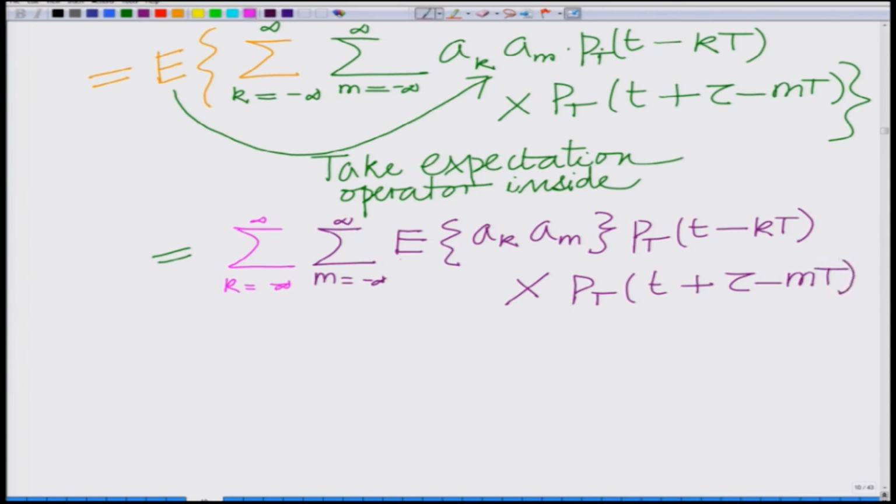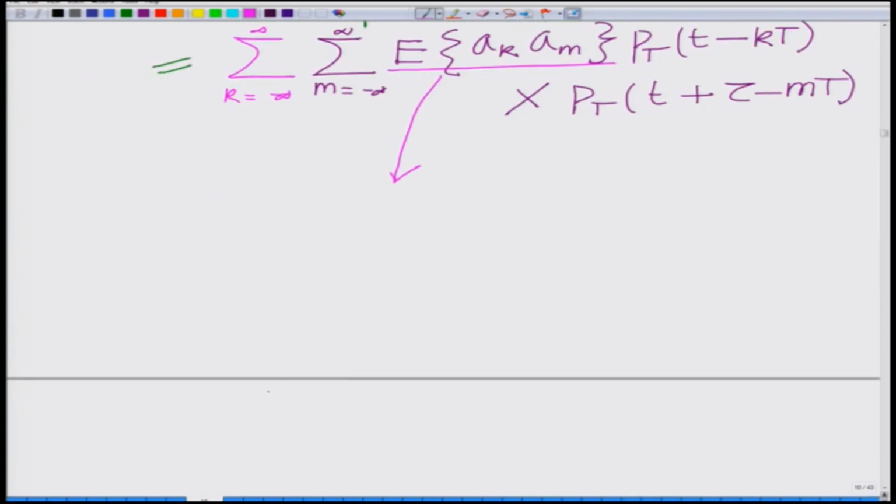Now, if you look at this quantity, expected value of a_k into a_m, remember we already said the symbols are independent, identically distributed.